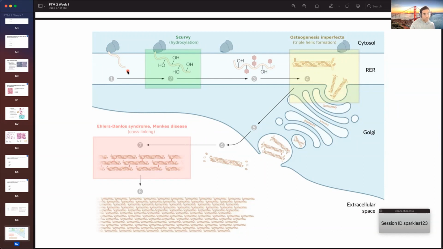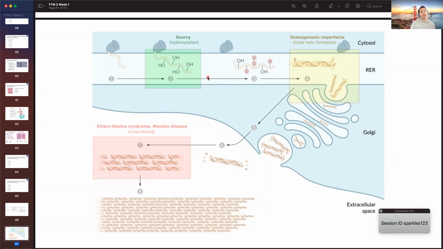Step by step: the nucleus is going to have the transcript being made. From there, it goes to the ribosomes, and in the ribosomes, your amino acid sequence is being created, and finally you get the pre-pro collagen, and that pre-pro collagen is shot into the RER.